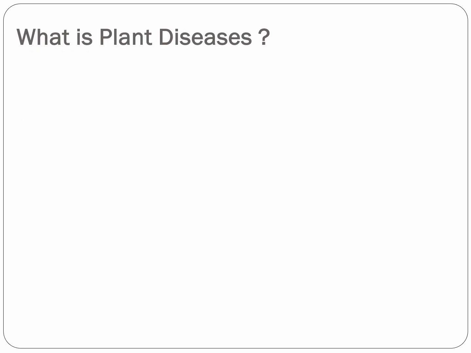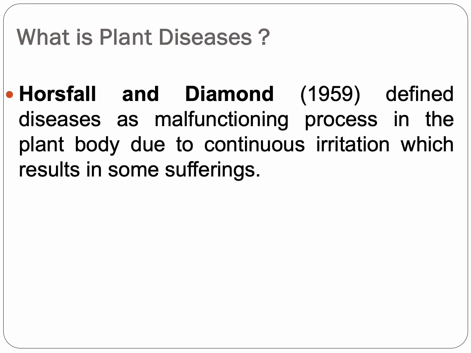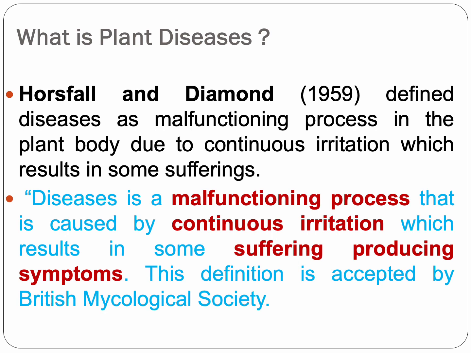Then what do you mean by plant diseases? There are a number of definitions. Out of those, the most popular definition is given by Horsfall and Diamond in 1959. They defined disease as the malfunctioning process in the plant body due to continuous irritation which results in some sufferings.